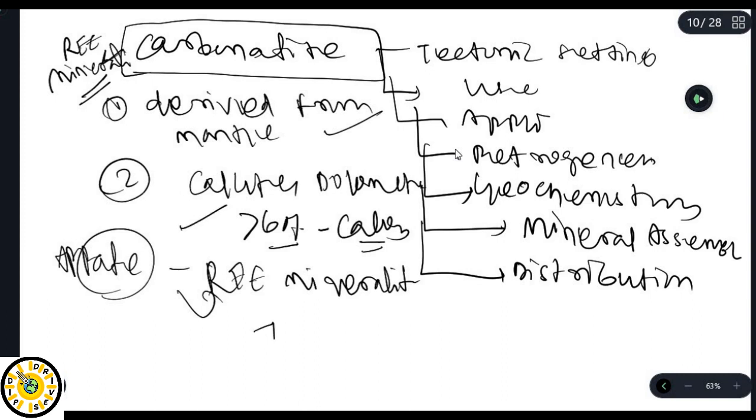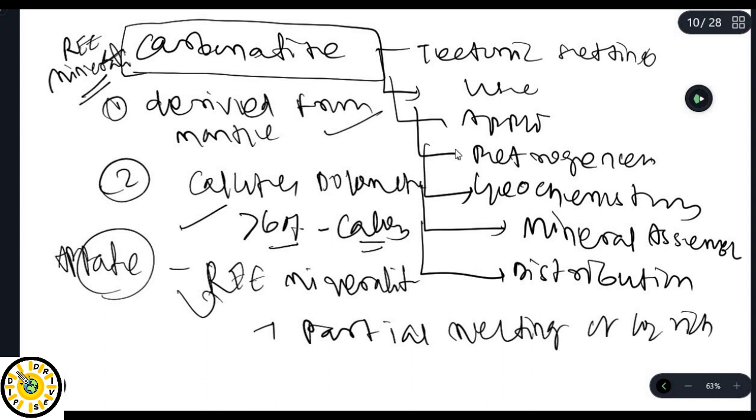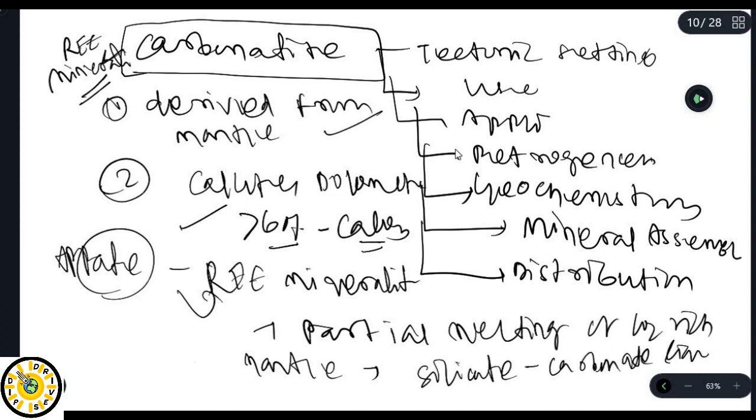So how does it form? Due to partial melting of CO2-rich mantle, and when there is liquid immiscibility between silicate and carbonated liquid, due to liquid immiscibility between silicate magma and carbonate-rich magma, the carbonatite will form gradually due to fractional crystallization.